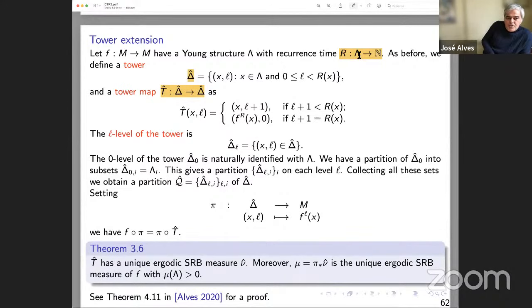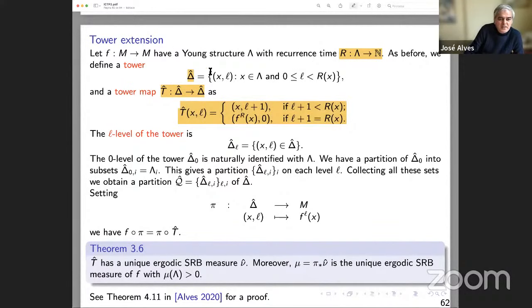And for that quotient, the return map has some good properties. It will be a Gibbs-Markov map. And for that, I will consider a tower of the type introduced in the previous lecture. For that tower, I won't use the hat. So essentially here, the novelty is the notation. It's defined exactly in the same way.